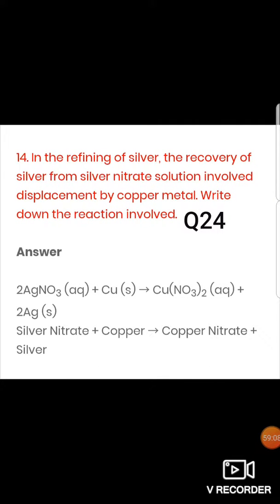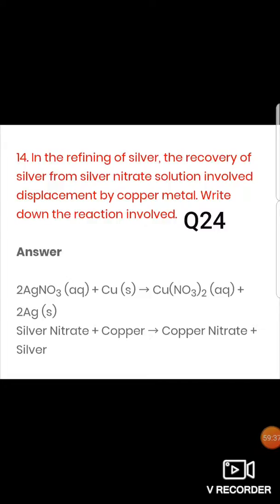In the refining of silver, the recovery of silver from silver nitrate solution involved displacement by copper metal. Write down the reaction involved. AgNO3 plus Cu gives Cu(NO3)2 plus Ag. Silver nitrate and copper, when they react, produce copper nitrate and silver.